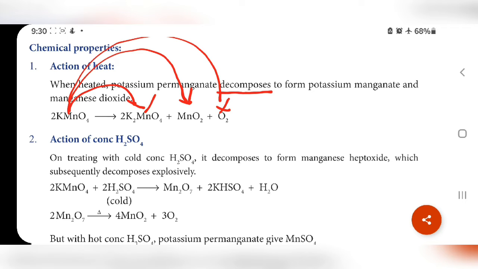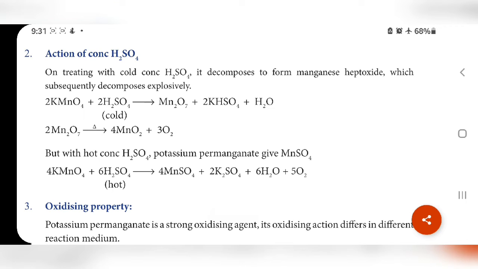Second reaction, action of concentrated sulfuric acid.